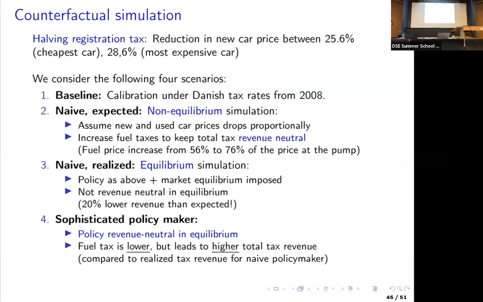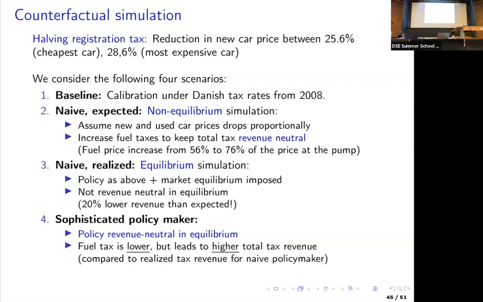Well, we have to predict somehow how the prices of the used cars will change. Imagine the policymaker says, let's just assume that the prices change proportionally, and run a counterfactual simulation on that. This would correspond to a model which does not have a secondary market and is not capable of predicting the changes on the secondary market.